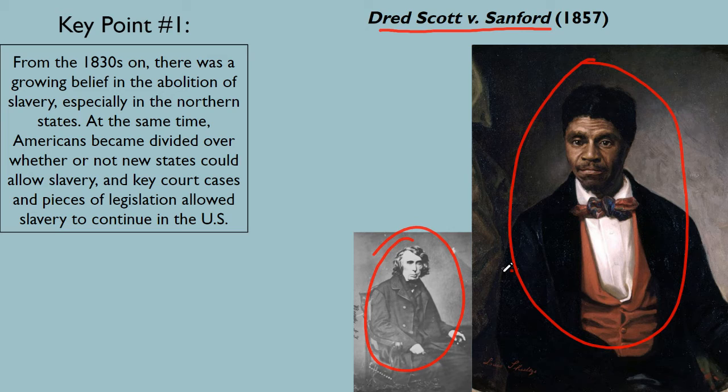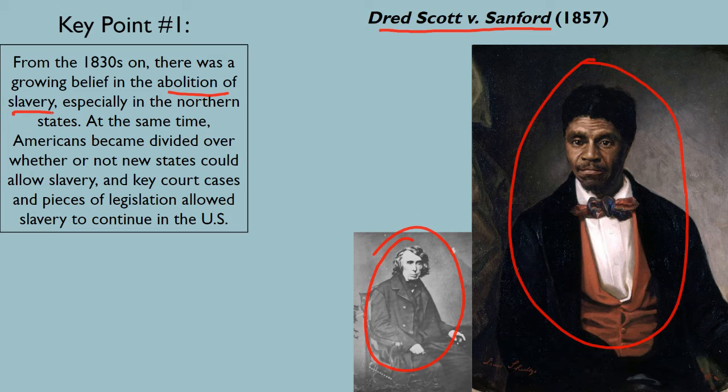But to summarize, key point number one from the first couple of slides. From the 1830s on, there was this growing belief in abolition, okay, abolition of slavery, meaning people wanting to get rid of slavery, especially in the northern states.